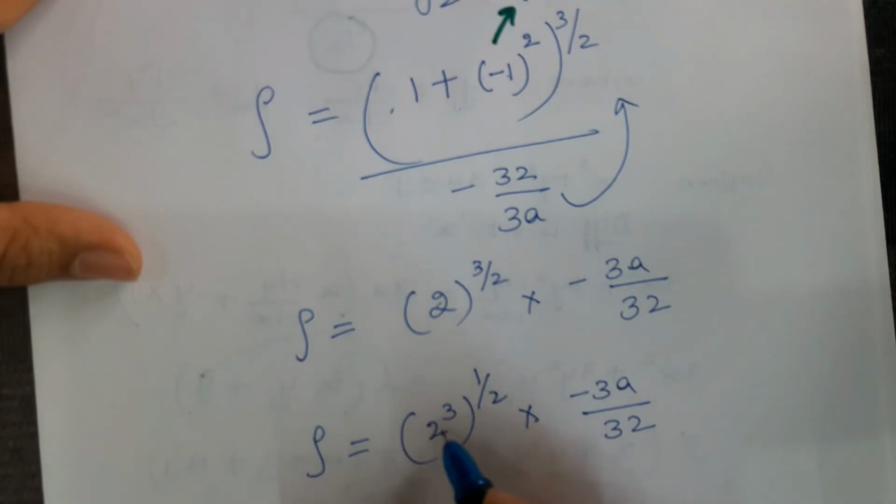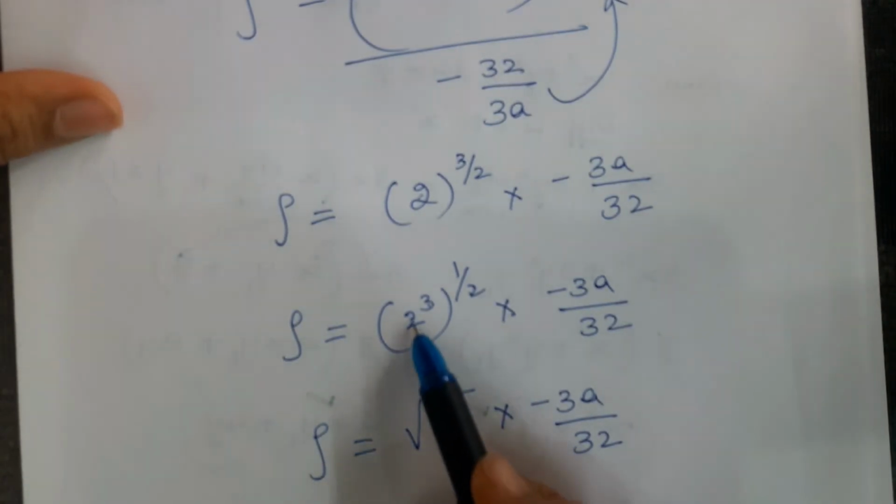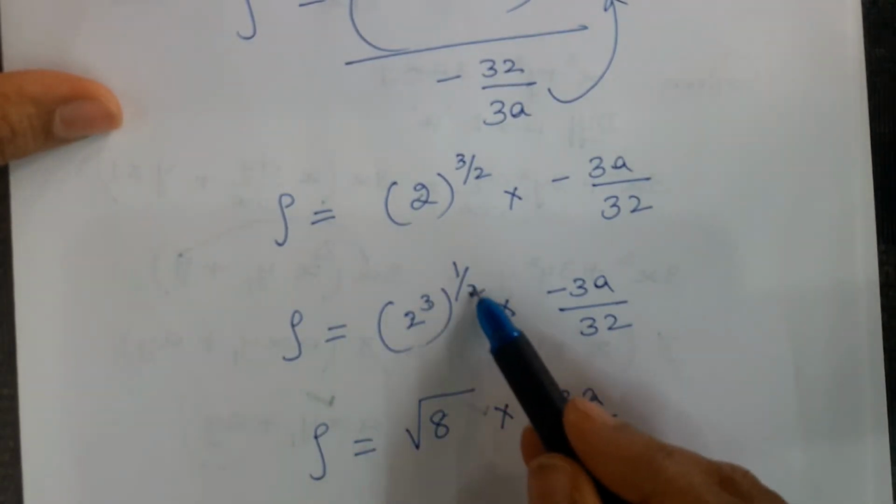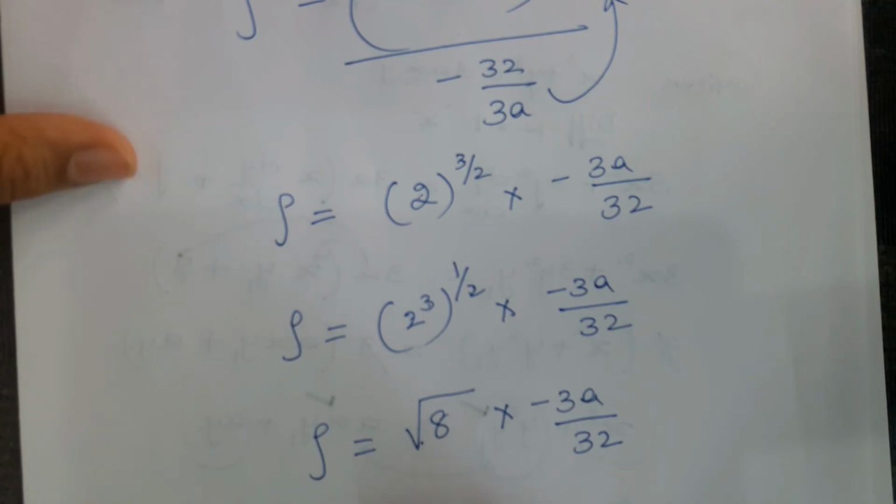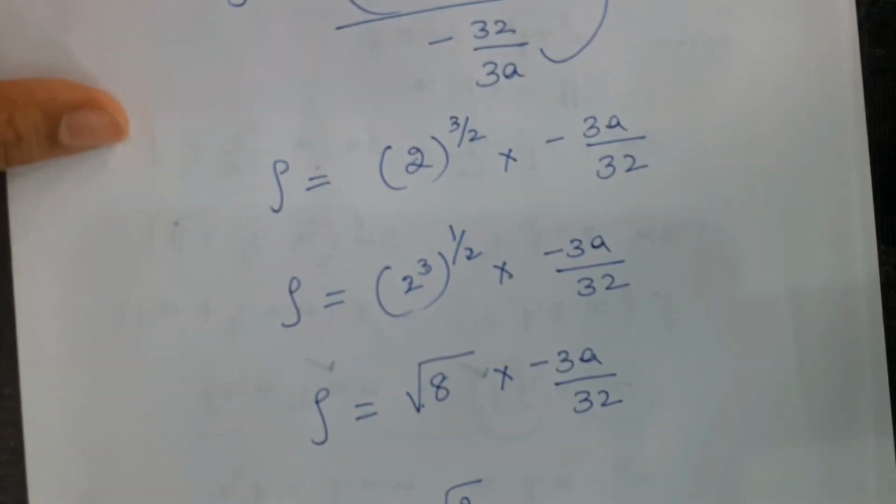Rho is equal to 2 cube is 8, 8 to the power of half is root 8, into minus 3a divided by 32. What is root 8? Root 8 is nothing but 2 root 2, right?